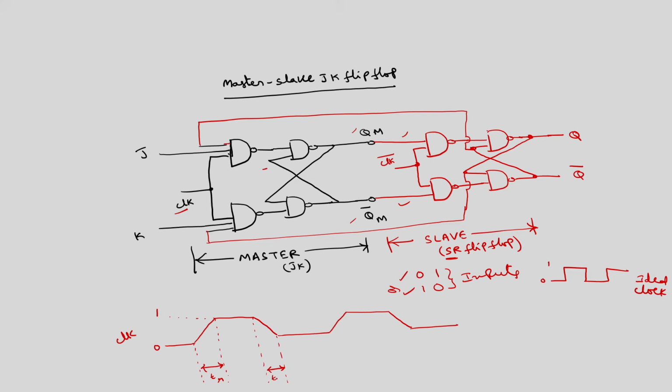The normal definition of the fall time is 90% to 10% fall. This particular portion is called the positive edge or leading edge, this portion is called the negative edge or falling edge, this portion is called the positive level, and this portion is called the negative level.